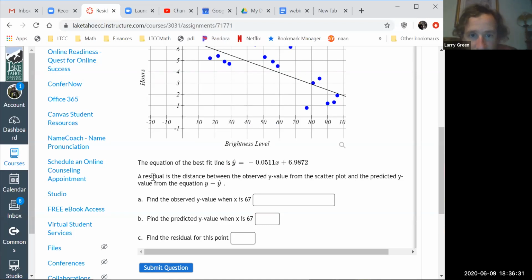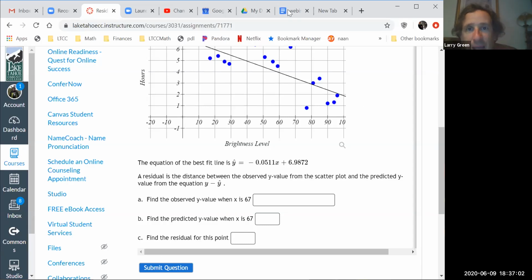They give it to you in long words; I gave it to you shorter. Notice the observed value is the y coordinate of the point on the plot, and the predicted value is the y coordinate of the line.